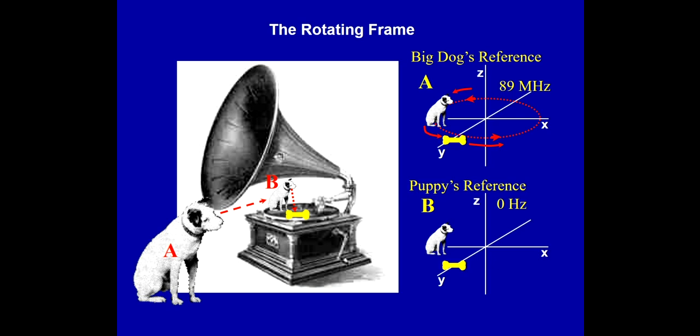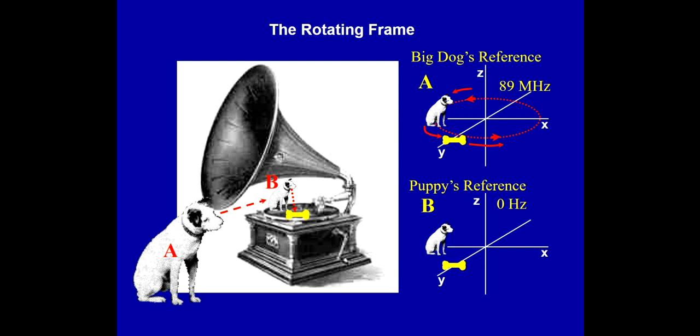The puppy is going around on an old-fashioned record player. He's precessing. He's rotating, like the nuclei are precessing. The nuclei are precessing for a 3T magnet at around 123 megahertz, 123 million times a second. So if this little dog were spinning around at 123 million times a second, to the big dog, it would just look like a blur.